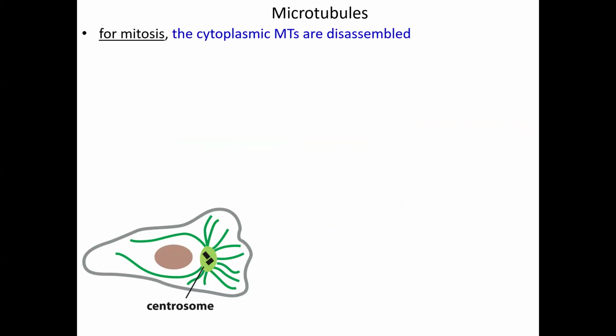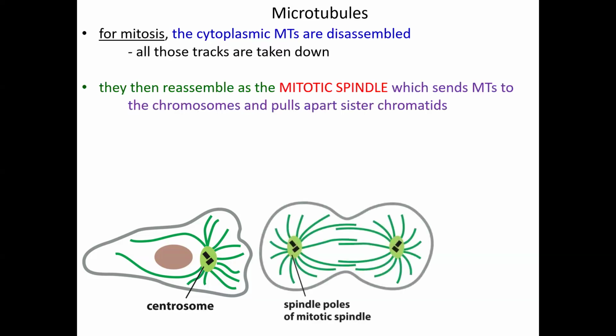For mitosis, the cytoplasmic microtubules that are serving as the highways and roadways for vesicle transport, most of those microtubules need to be broken down and disassembled. Because if we're in mitosis, we need to rebuild our microtubules into the mitotic spindle, into the cables that are going to grab onto sister chromatids and pull those sister chromatids apart.